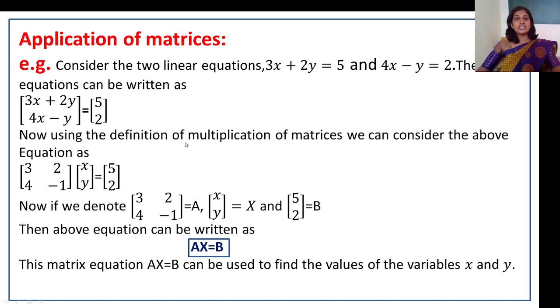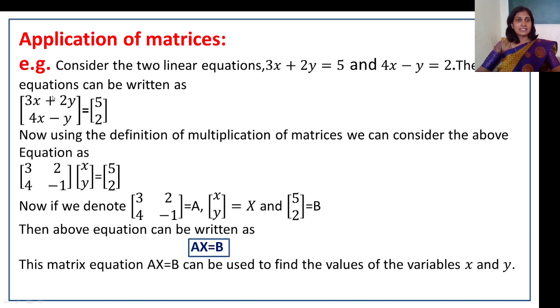Now, using the definition of multiplication of matrices, we have the matrix of the form 3, 2, 4, minus 1 into x, y. Just check here, multiply this matrix to this matrix.